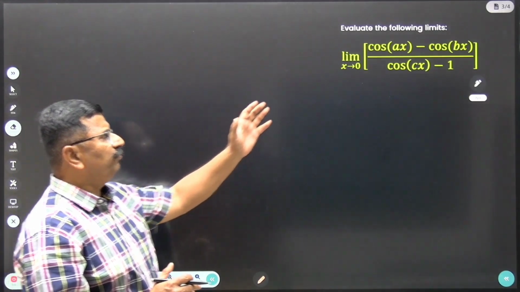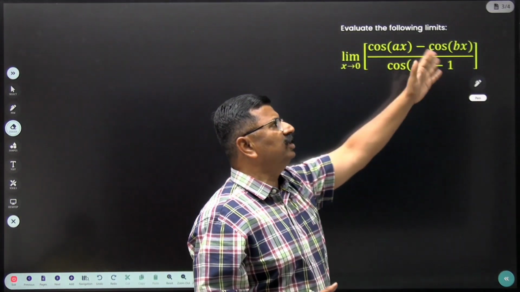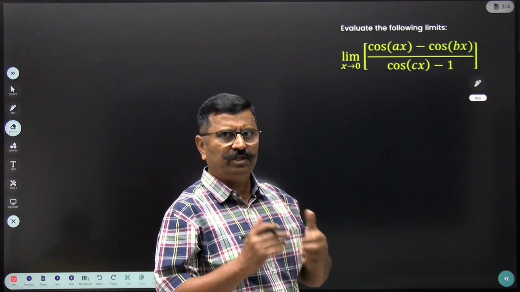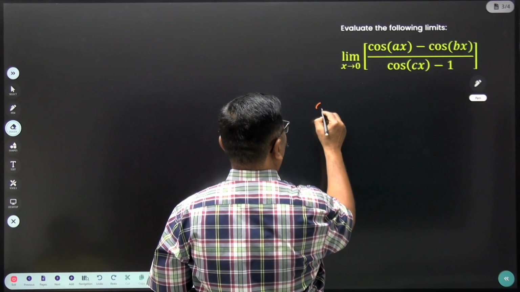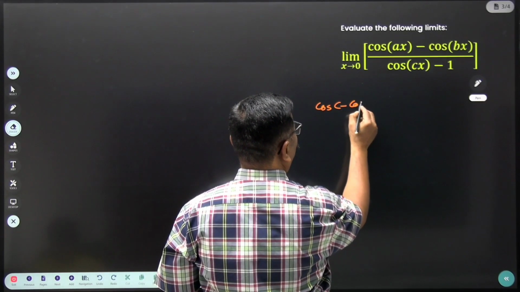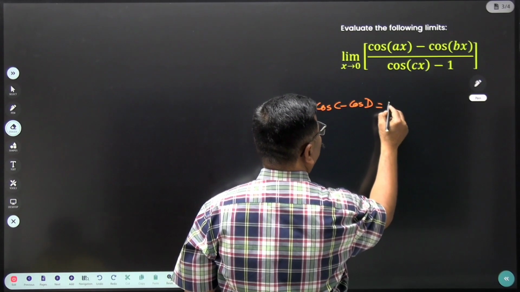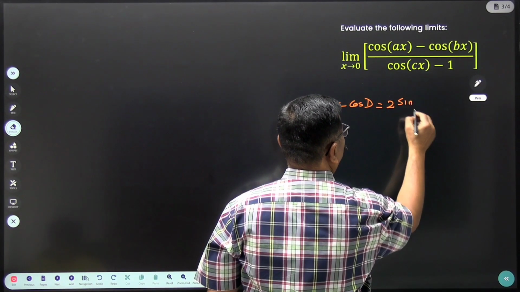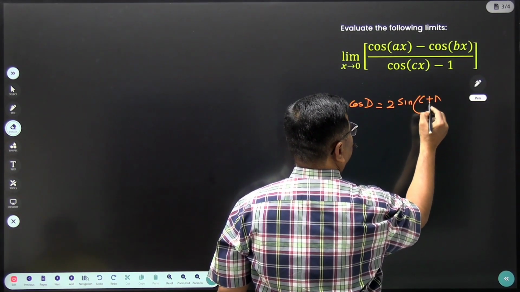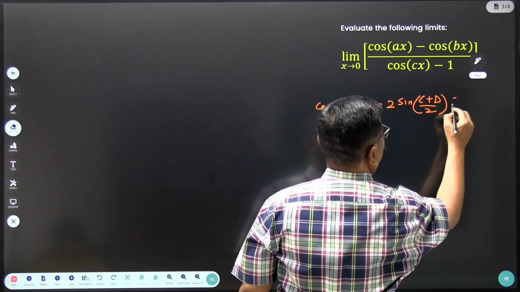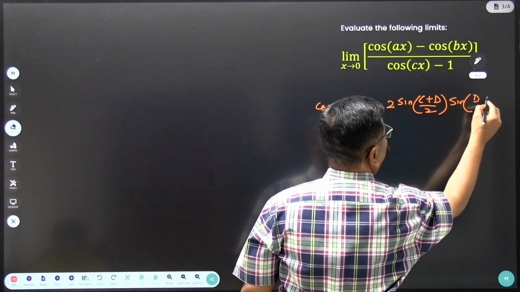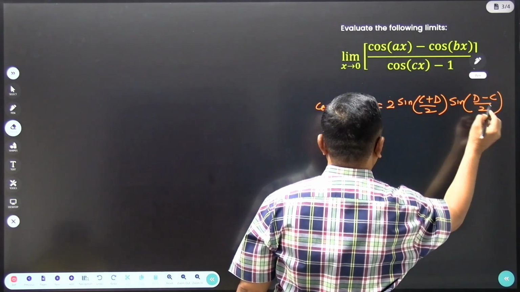In this problem first we will have to use the cos c minus cos d formula. Now let us work out this. So cos c minus cos d is equal to 2 sin((c plus d)/2) sin((d minus c)/2).